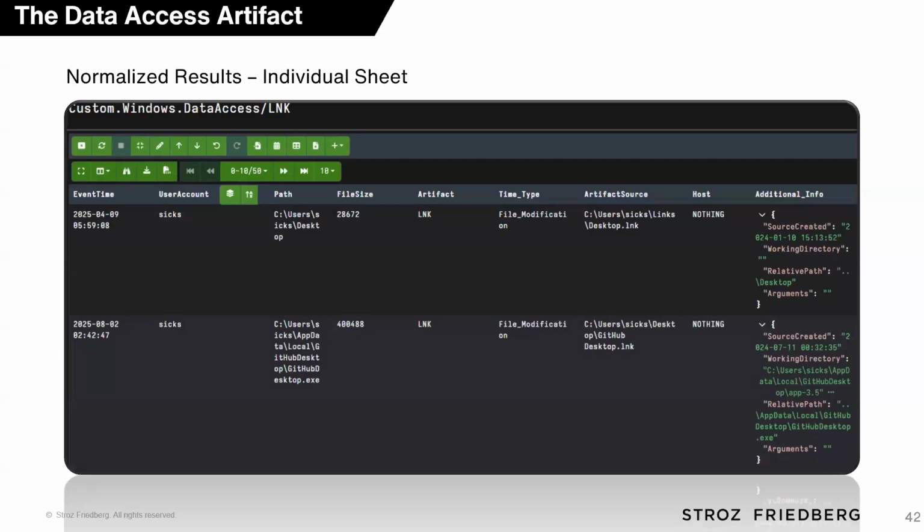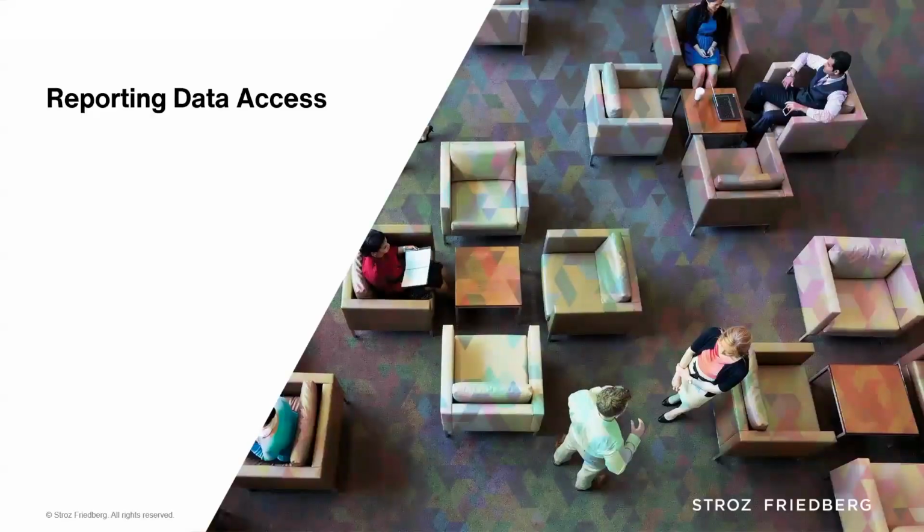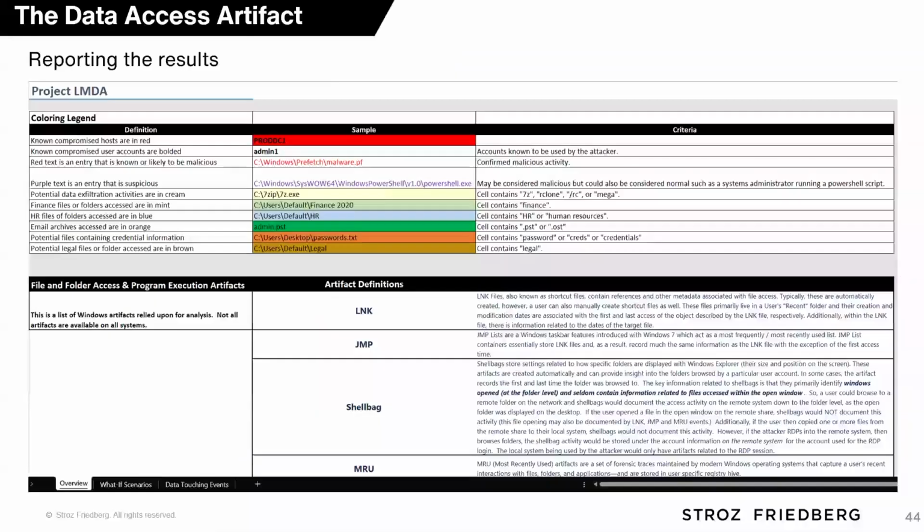So let's see how you can go from Velociraptor to an actual data report very easily. All right, entering our data access Excel template. We have 3 tabs, starting with the Overview tab. We do have some predefined coloring just to identify and distinguish confirmed malicious activity.